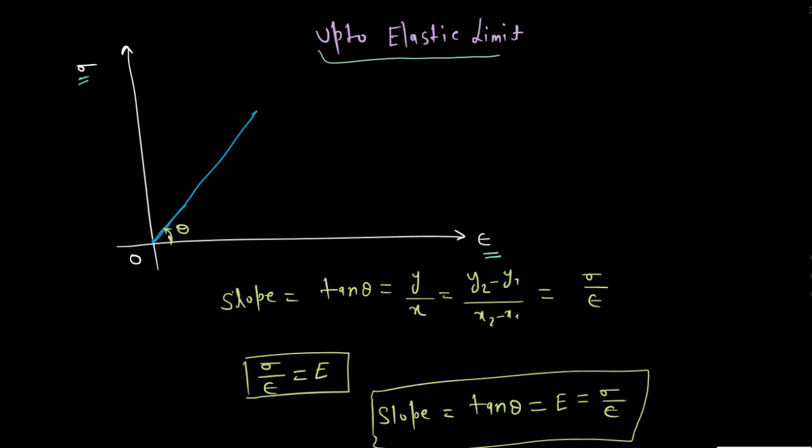The curve between sigma and epsilon would be linear, passing through the origin up to the elastic limit.